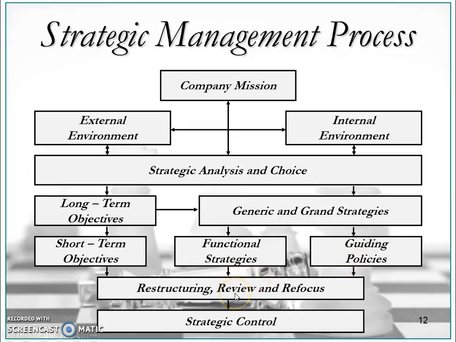Then those aspects are implemented. Restructuring is done from time to time in the organization. A review is done. There is always a refocus, and a feedback loop keeps on running. And eventually, whatever standards have been set at the formulation stage are usually checked at the strategic control level. So that completes the strategic decision making process.